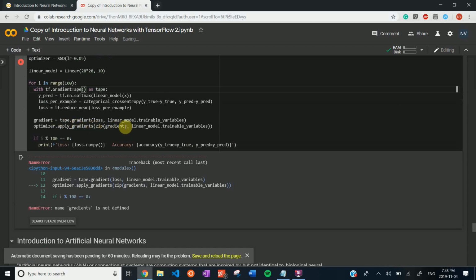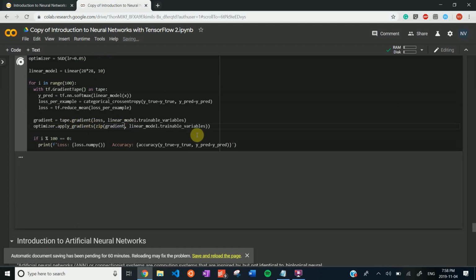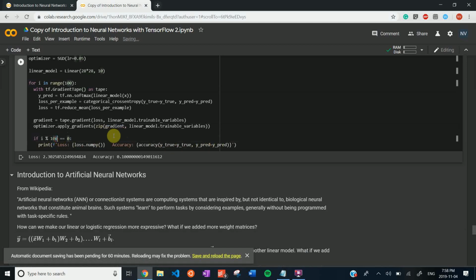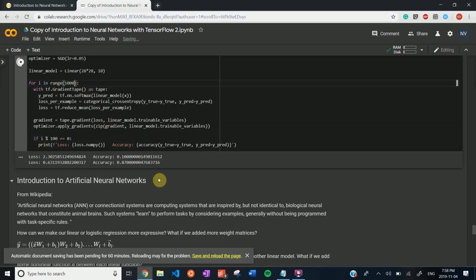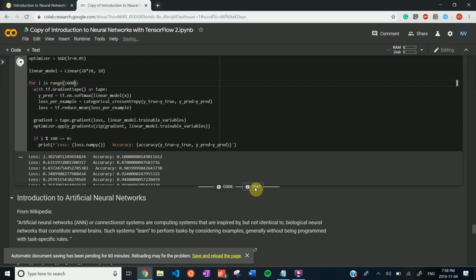Let's do it. So we're going to do 1,000 steps. This will take a little bit longer to fit. But as you can see, our accuracy shot up pretty quickly.